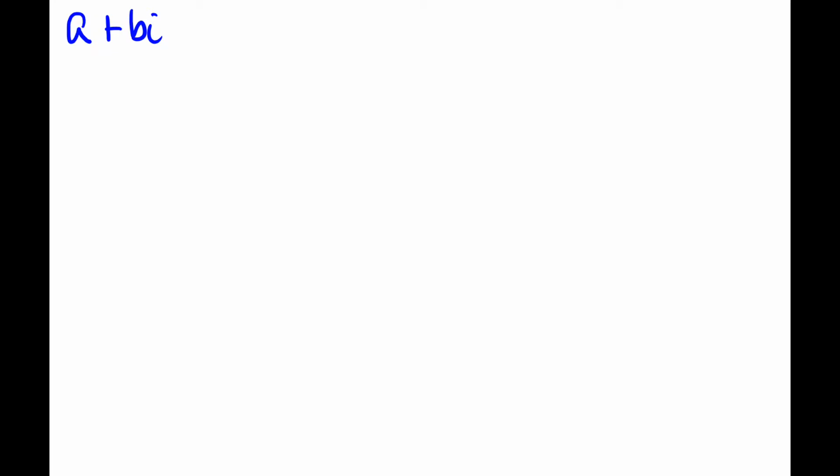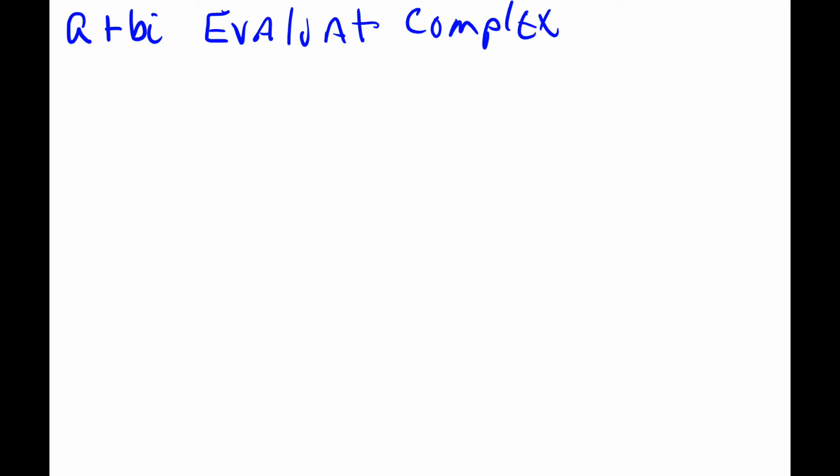But here on page 248, we're being asked to evaluate complex numbers. This is example 4. We're going to be looking at an equation that has both real and imaginary components in it.